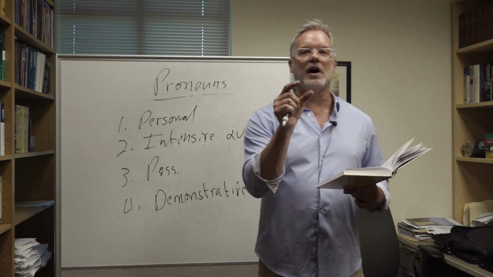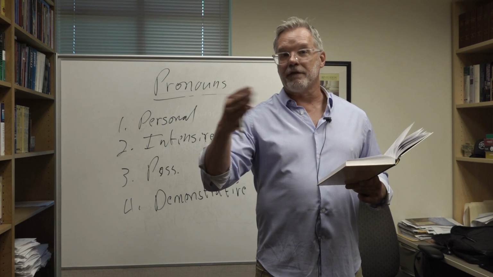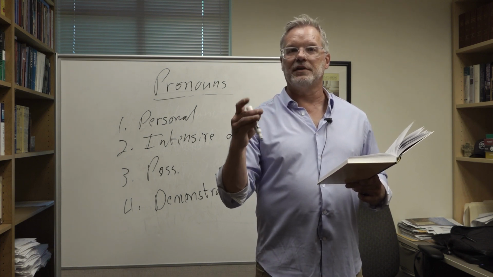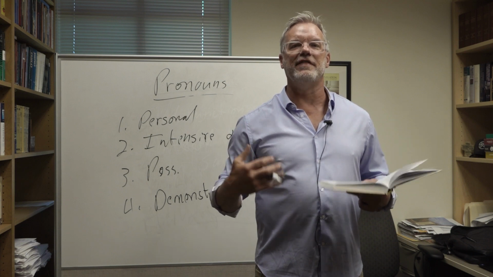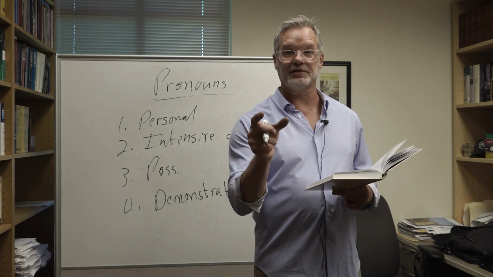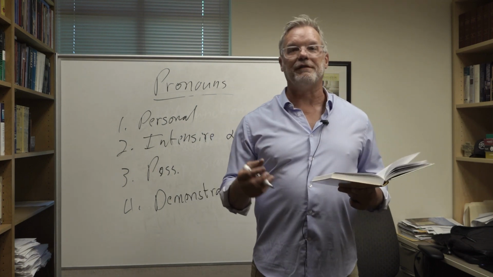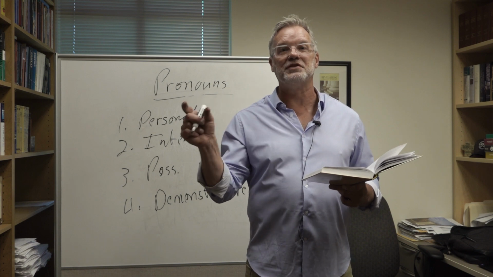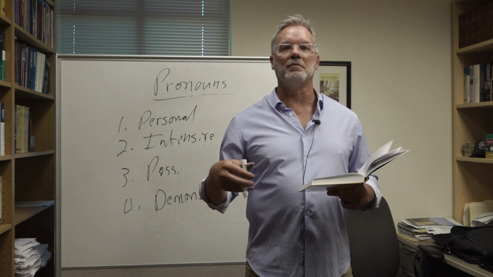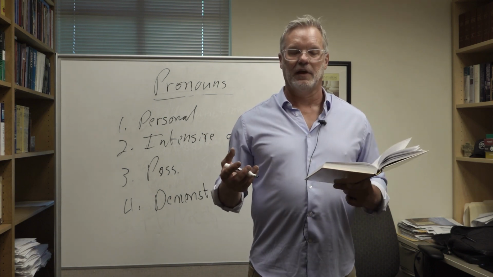That is, near demonstratives point to something near, either physically or at least in the mind of the author, and usually the English translation is this or these, the word houtos, this. That was the word used in Romans 5:12, dia touto, because of this. That touto is the demonstrative houtos, this.